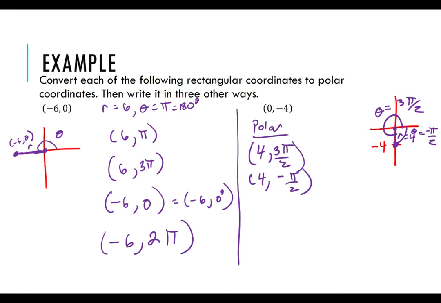Well, if I use negative radii, then that would be a negative 4, and then to get from negative 4 to this point would be a rotation of pi halves. And then, of course, if you were to take that negative radii, negative 4, and rotate back the other way, that would give us a rotation of negative 3 pi halves. So (negative 4, negative 3 pi halves).